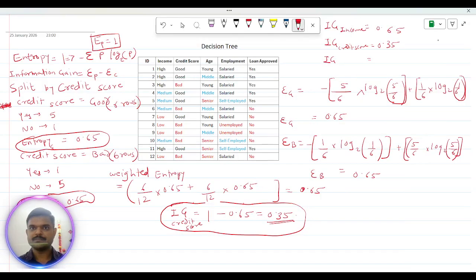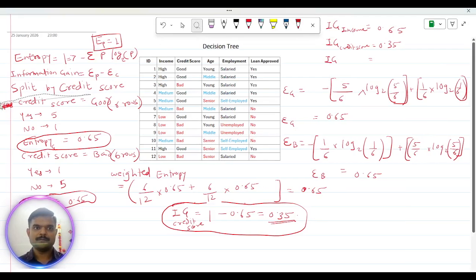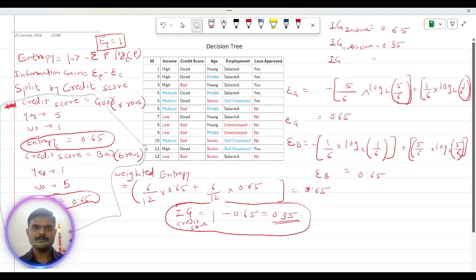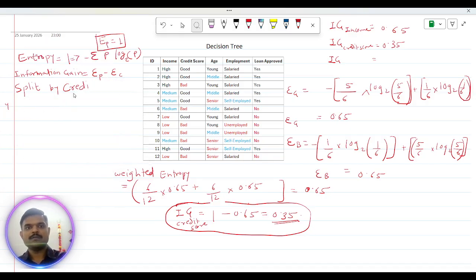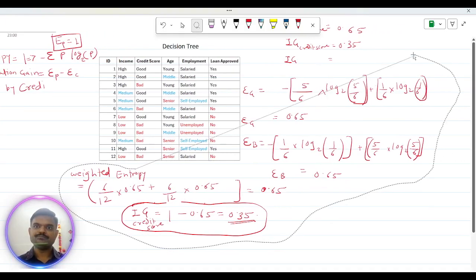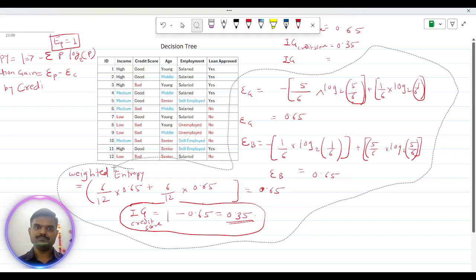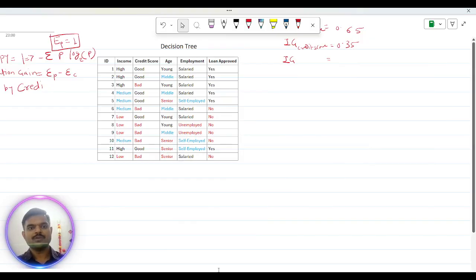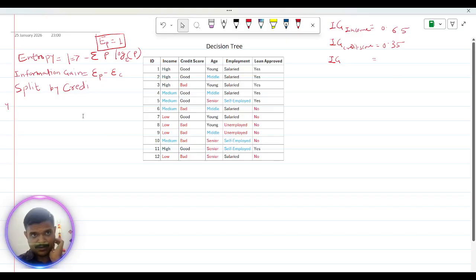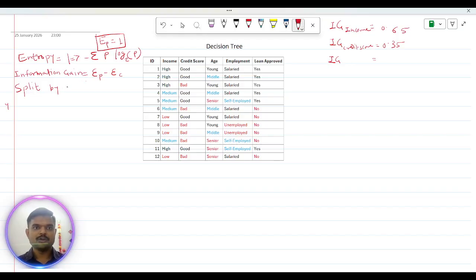I will just maximize it. Split by employment.